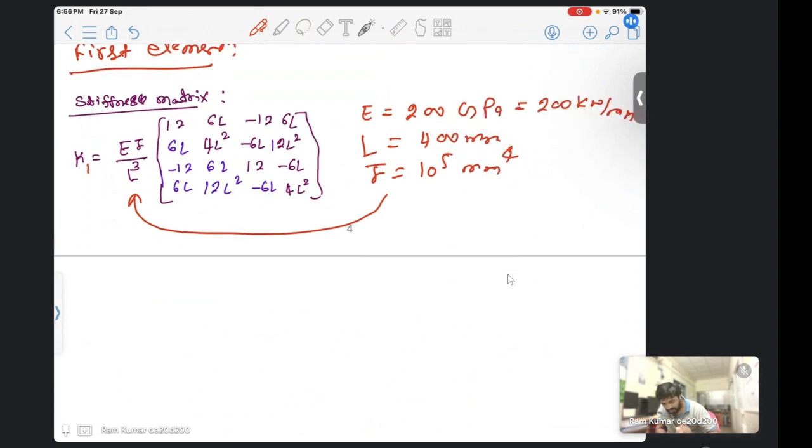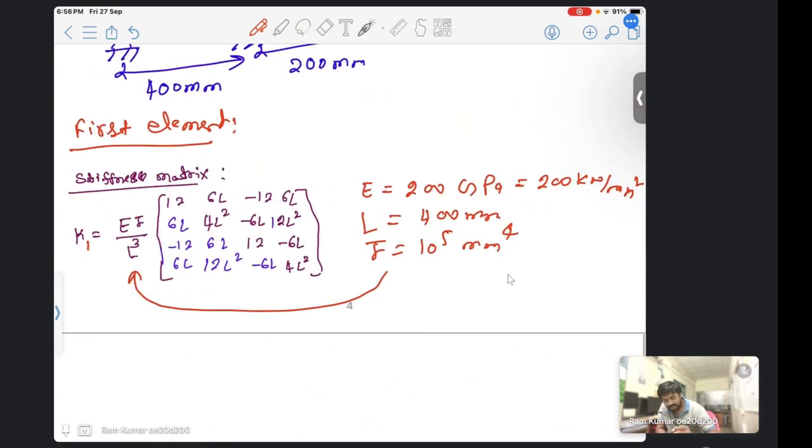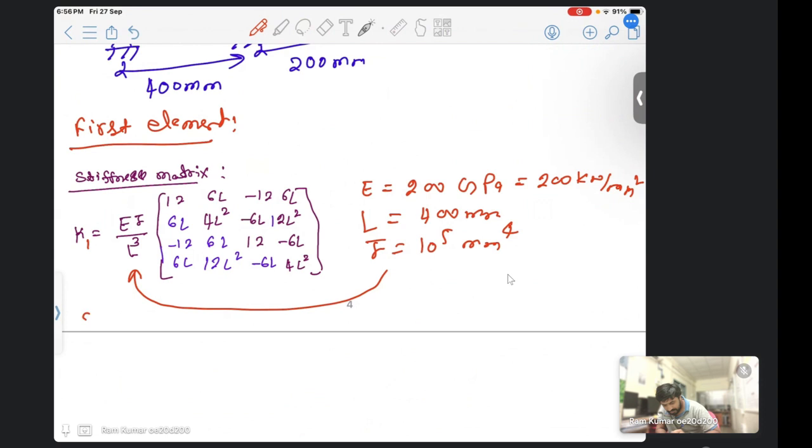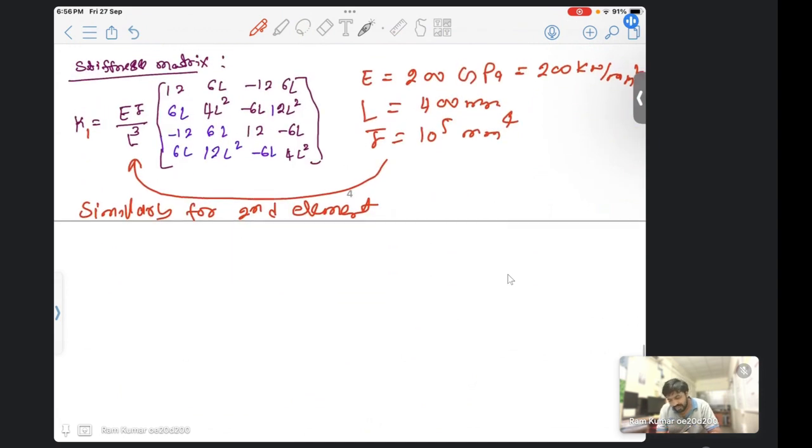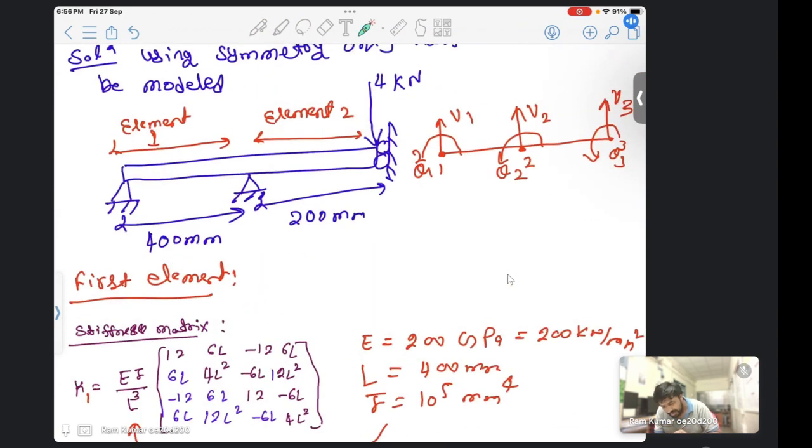Similarly for the second element, we only have to take care that the length will be 200 mm, because this is our second element. So only the length will change, and the other things will be the same.